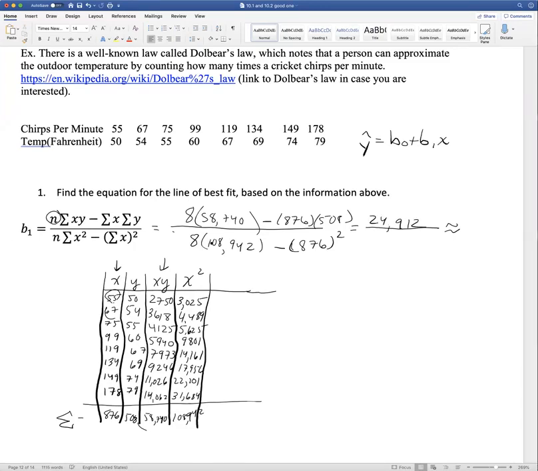And the denominator, 8 times 108,942 minus 876 squared, I get 104,160. And now I'm going to divide the two, so 24,912 divided by 104,160, and I get 0.23917.